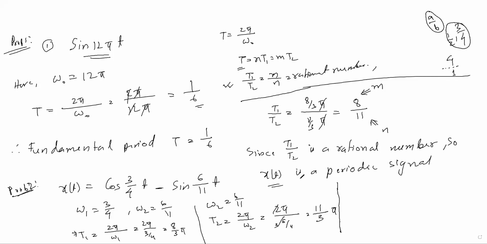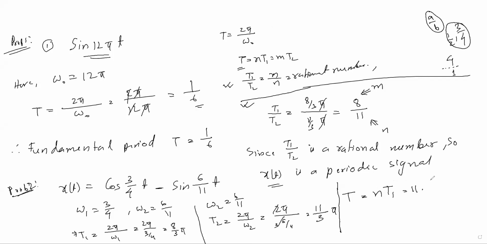So with what period will it be a periodic signal? With this condition we are able to say that x of t is periodic, with the period T equal to n times T1. What is the value of n? n is 11.